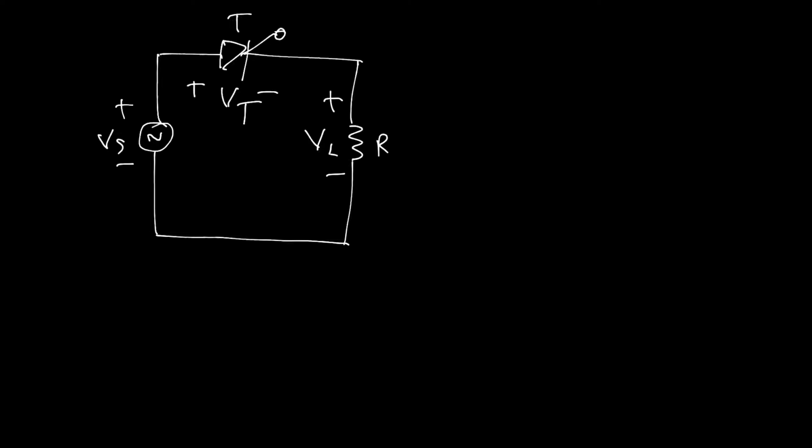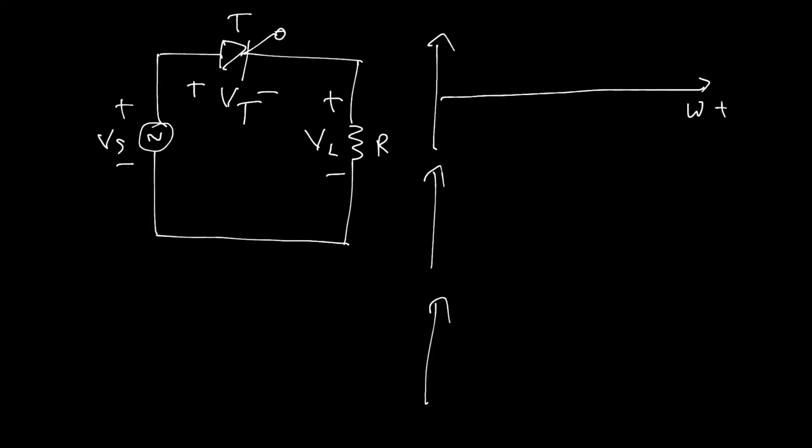So all these voltages can be represented by some axes. Consider there are 3 axes. Number 1 is for the supply voltage Vs. Number 2 is the load voltage VL. And last is the terminal voltage across the thyristor, that is VT.